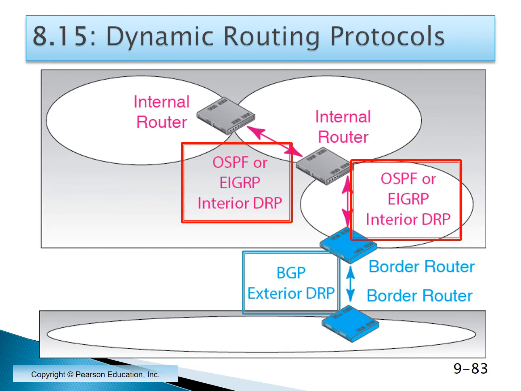For example, for internal routers, usually the protocol used is called OSPF or EIGRP. These are the interior dynamic routing protocols. And for exterior dynamic routing protocol, usually there's one standard called BGP.